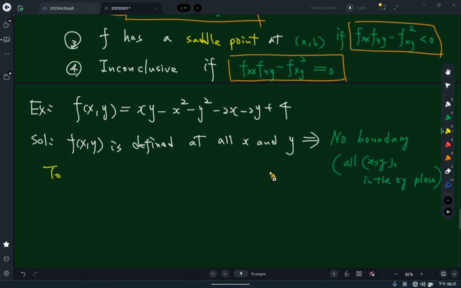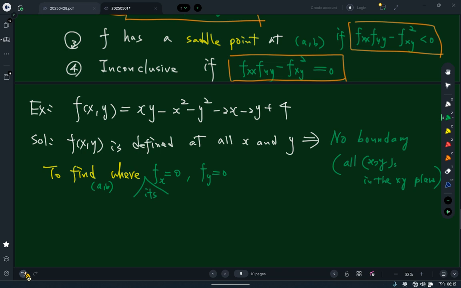To find the critical point, we find (a, b) where partial f partial x is equal to 0 and partial f partial y is equal to 0. So we are trying to find some candidate points.